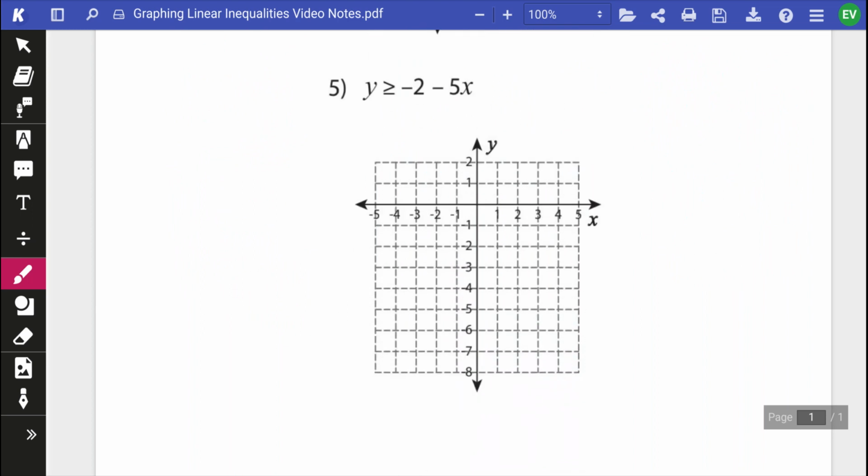y is greater than or equal to negative 2 minus 5x. Again, it's kind of slope-intercept form. In this case, our slope is negative 5, which is negative 5 over 1. So down 5 to the right 1. And our y-intercept is negative 2.